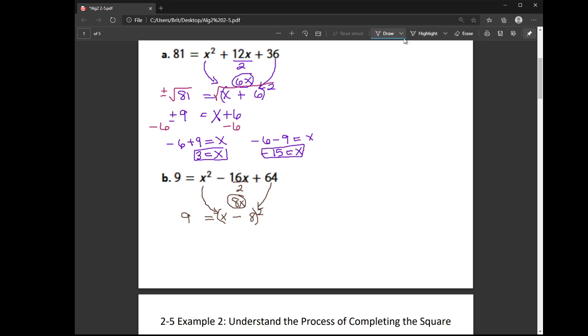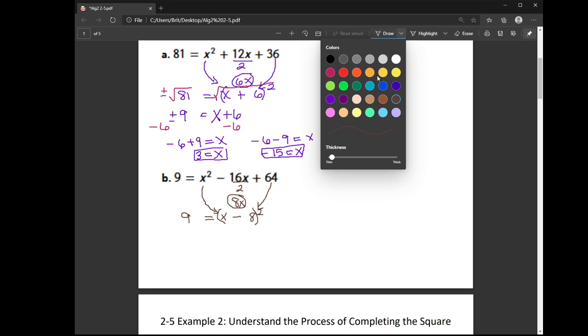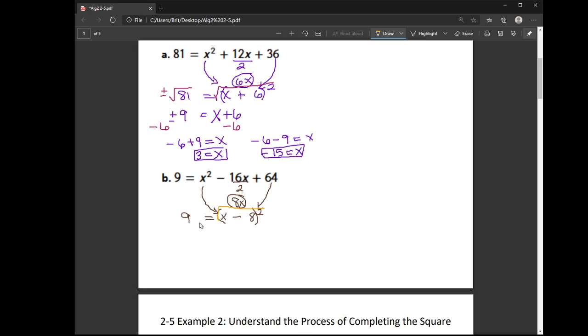So now that we have it factored, we're going to go ahead and solve. So to get rid of the square, we take the square root of each side, putting our plus or minus. Now the square root of 9 is 3. And then here, the square and the radical cancel out, leaving me with x minus 8.